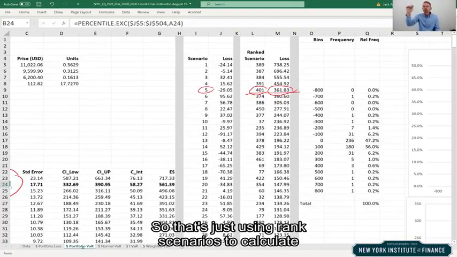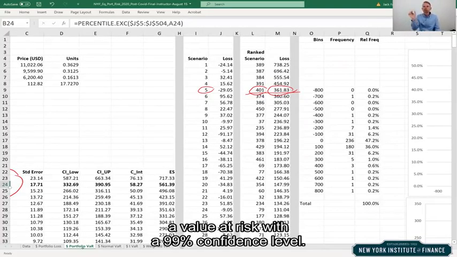So that's just using rank scenarios to calculate a value at risk with a 99% confidence level.